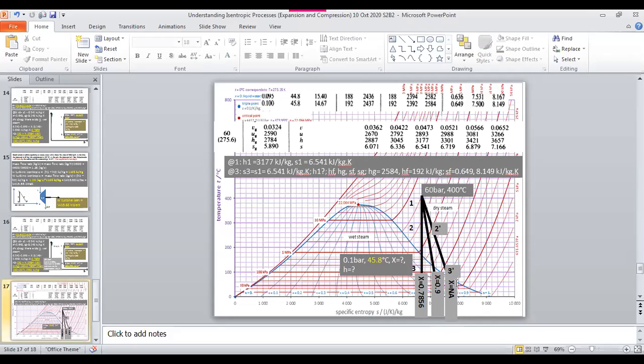Okay, very interesting. So here, enthalpy levels. Same pressure, you can see 3 dash has high enthalpy. So H1 minus H3 dash is less when 3 dash enthalpy is high. Okay, so isentropic has the lowest enthalpy.